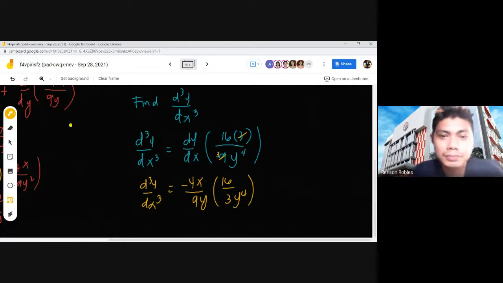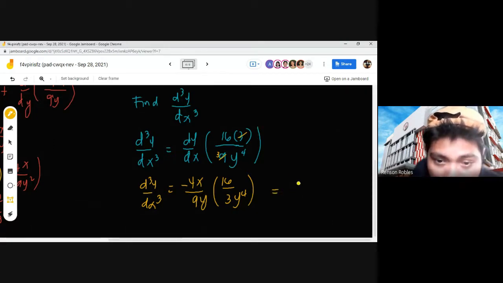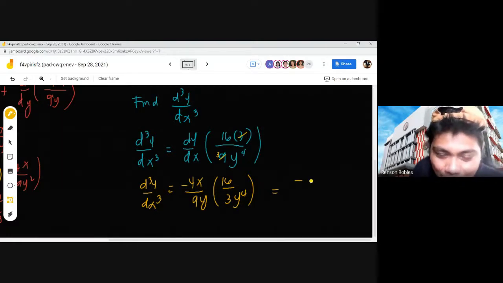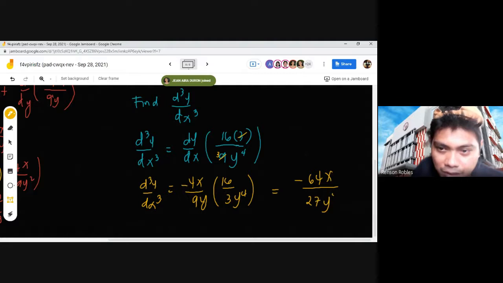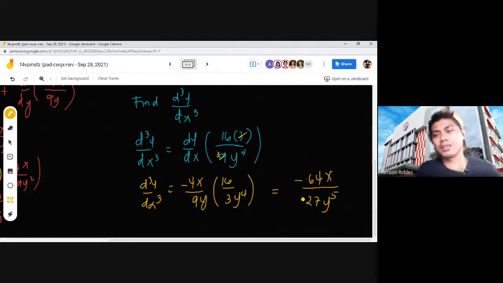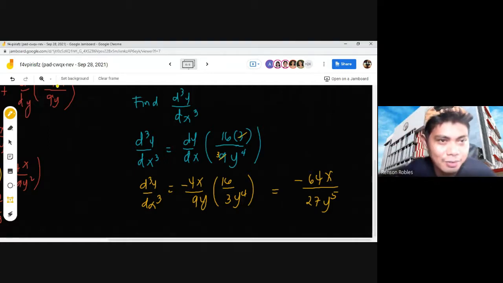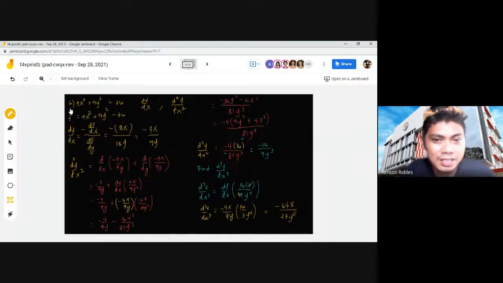Okay? Then eventually, you will have the third derivative of y in terms of x is how much? Sorry. Negative 16 times 4, 64x all over 9 times 3, 27y to the 5. So another implicit differentiation. Okay? One more.